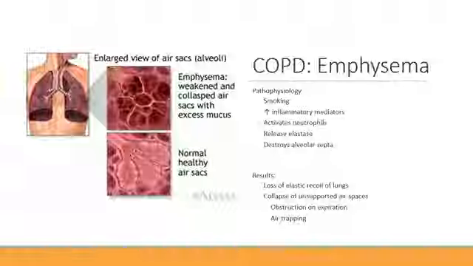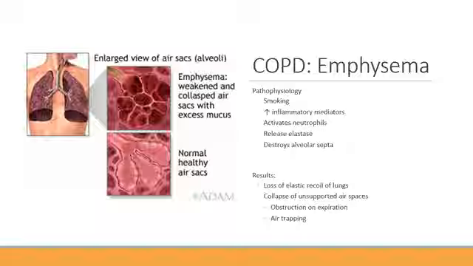The lungs naturally want to collapse on themselves to expel the air, and with emphysema we lose that elasticity. The airways start to collapse because of their unsupported nature, and so we tend to see an obstruction of air because of the collapse of the airways, and that's one of the reasons that we start to get air trapping.